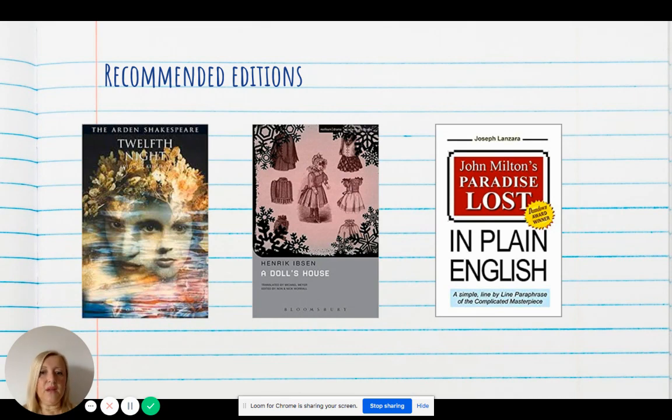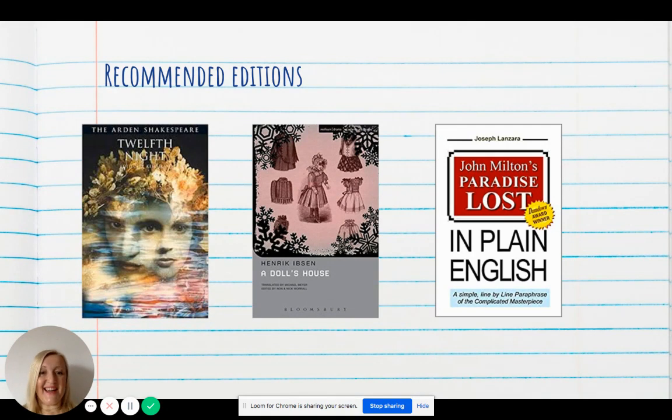Now, if you are going to buy your own copies of A Doll's House and Paradise Lost, and again, these aren't until the second year, so nothing too much to worry about, we definitely recommend this Bloomsbury edition because it has such a detailed introduction and you really have to know your context around these two texts. I keep pointing at the screen, but you can't see me doing that.